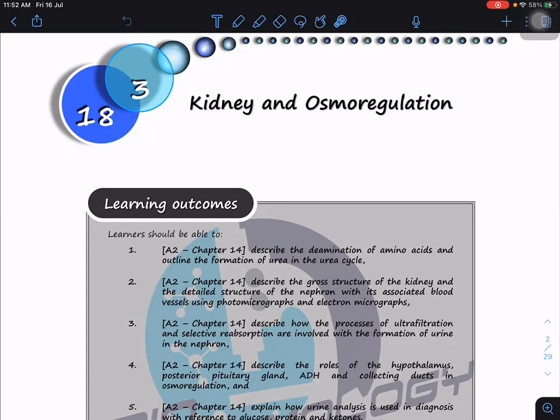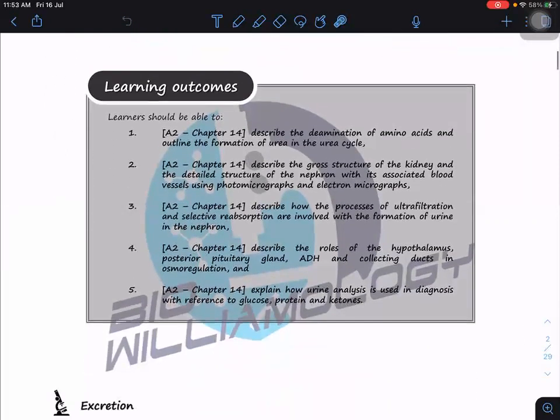If the blood's water potential is higher compared to the cells, then water molecules enter into the cells and cause bursting. So that's why we need to control what we call a normal range of the water potential.